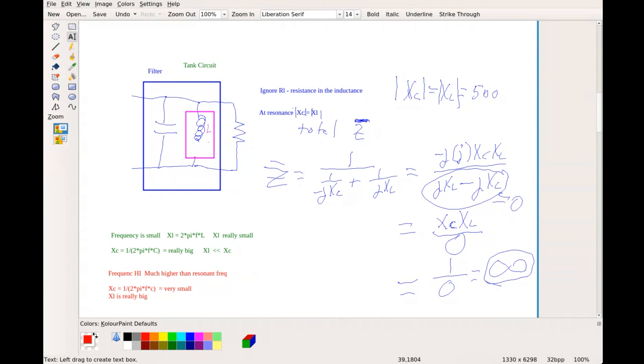And so now at these high frequencies, our current tanks down through the capacitor.